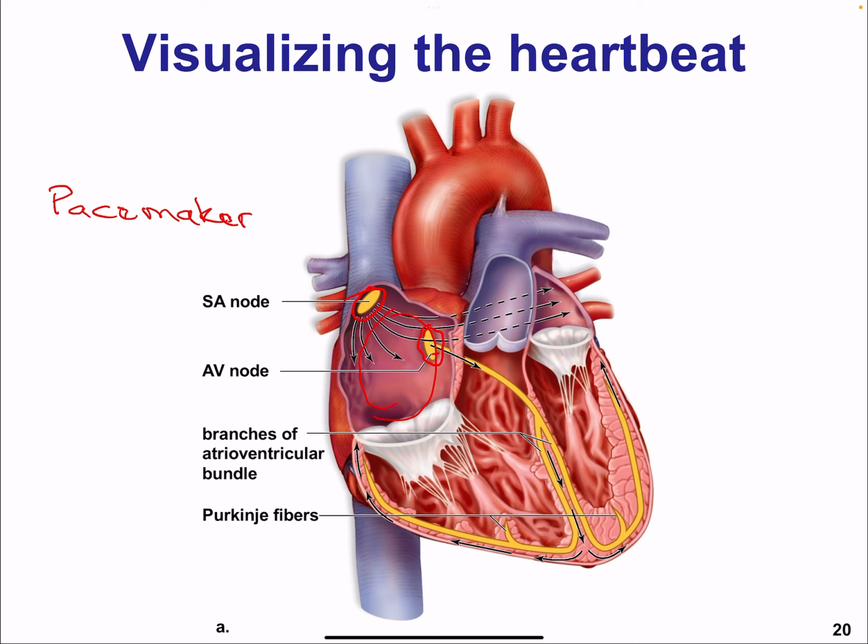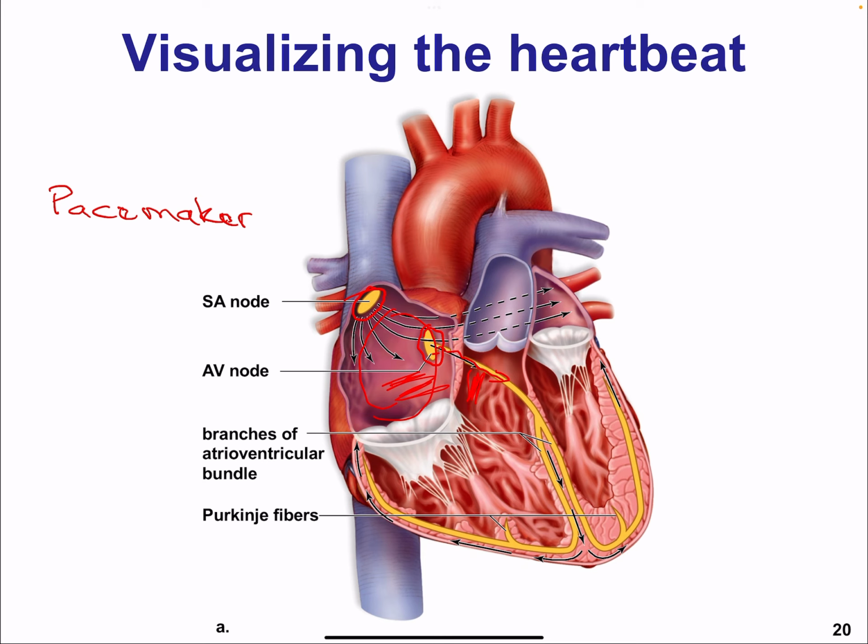Atrium, ventricle. So it's a node that is located between the atrium, and you can see this is the atrium, and the ventricle, this is the ventricle. From there, the atrioventricular node is going to spread the impulse through some nervous tissue here. And that nervous tissue is going to be organized in bundles and then spread throughout the muscle tissue.